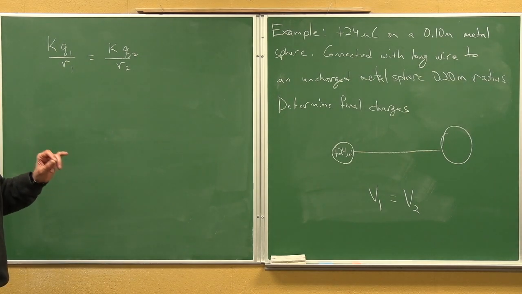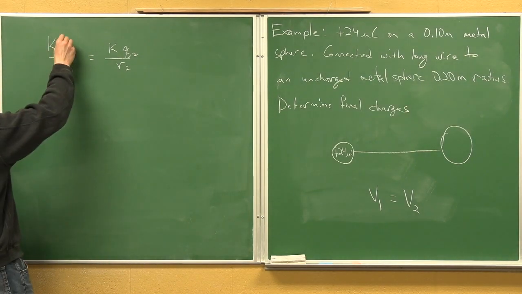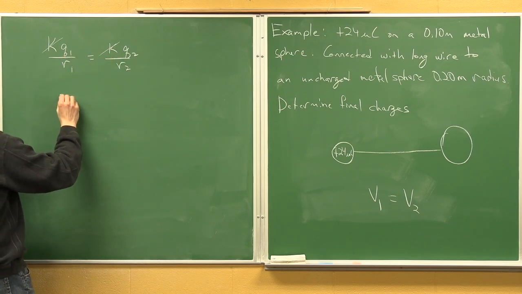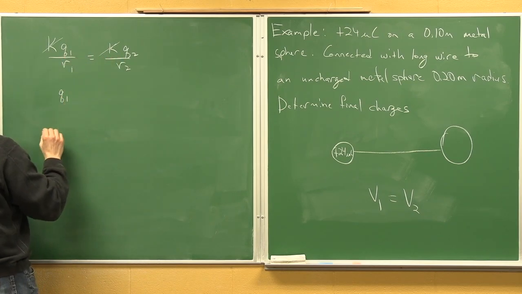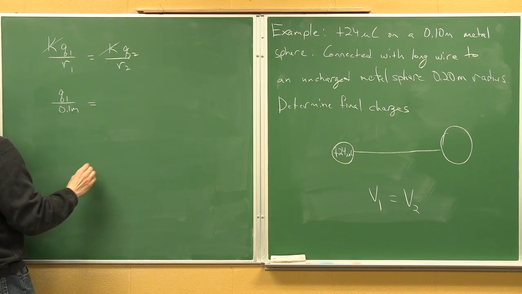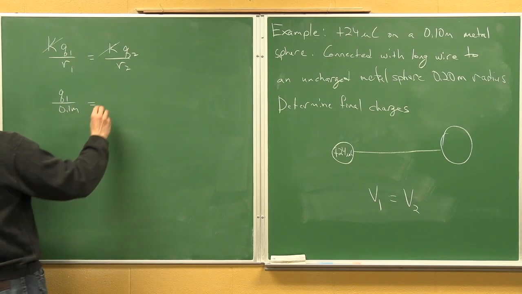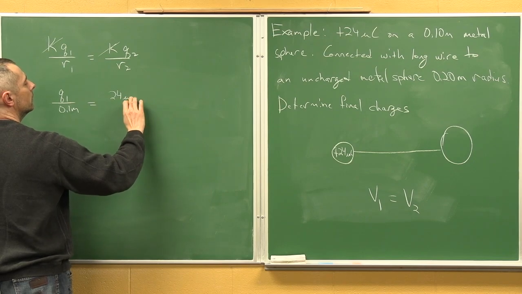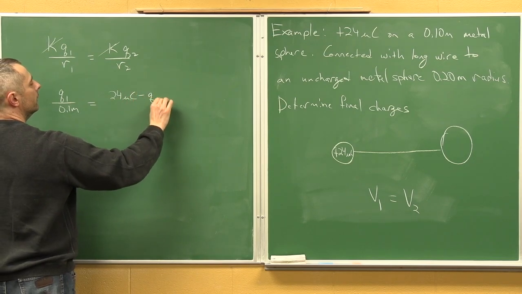But what I'm going to do instead, now I have two unknowns. I'm going to do this. Q1, unknown, over this radius. Instead of saying Q2, I'm going to say 24 microcoulombs minus Q1.